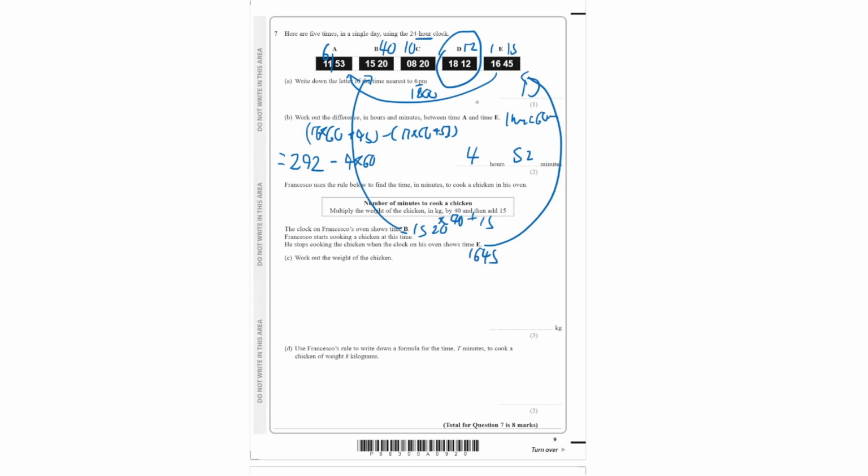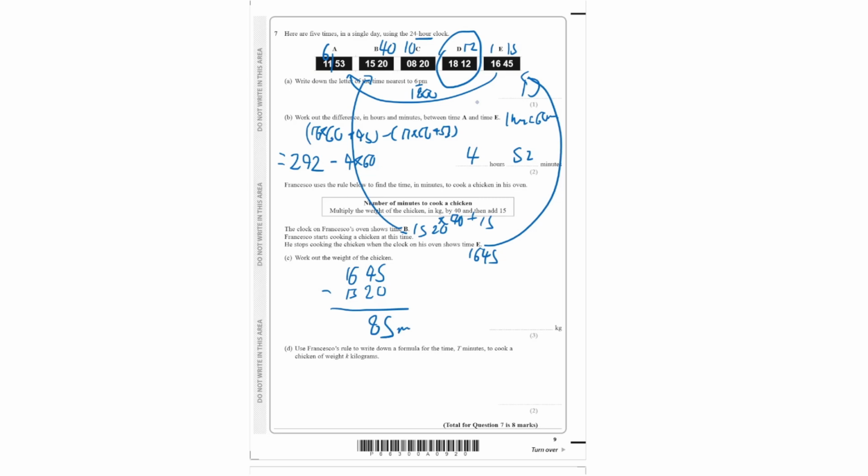Work out the weight of the chicken. The final time is time E, so we write down 16:45. We then subtract time B, 15:20, so we can find the total amount of minutes elapsed. This gives us 85 minutes. So now we know how long the cooking time was.